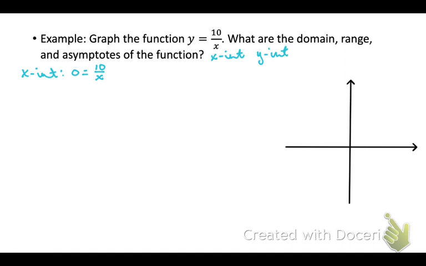If I were to solve this equation, I would multiply by x on both sides, correct? Well, what's x times 0? 0. So does 0 equal 10? Can it equal 10 when there's no variable? No. So there is none.